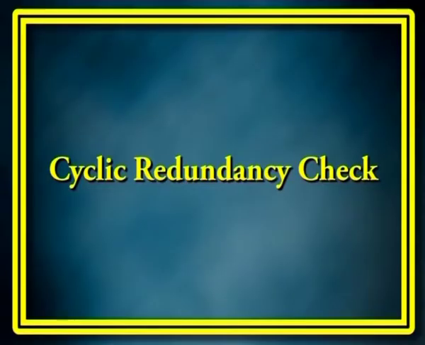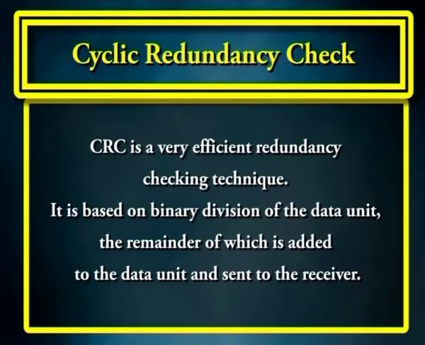The next method for error detection is cyclic redundancy check. Cyclic redundancy check is a very efficient redundancy checking technique. It is based on binary division of the data unit, the remainder of which is added to the data unit and sent to the receiver.